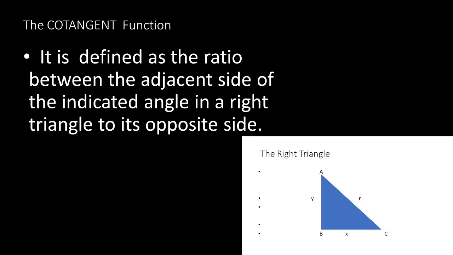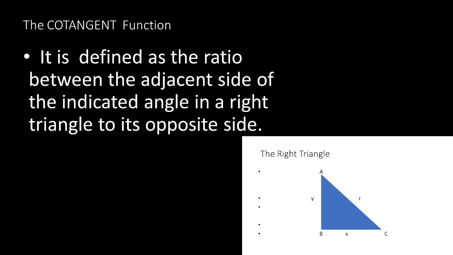If we get the cotangent of angle A, as per definition, it is adjacent divided by opposite, so that would be Y divided by X. And the cotangent of acute angle C would be X divided by Y, because it is defined as the ratio between the adjacent side to the opposite side.